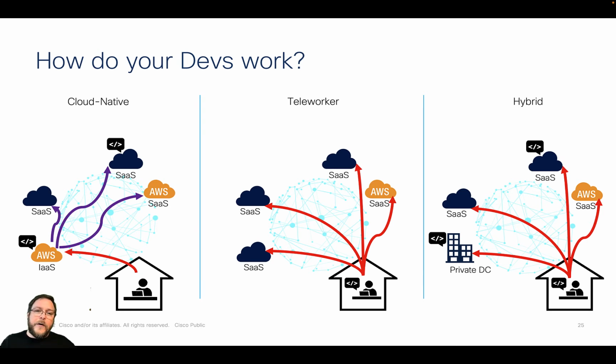As they write their code in that Amazon environment, it may access other dependent services in other AWS regions or SaaS services like GitHub and Docker Hub in other environments. Now, they may also operate separately as a teleworker type, and the code could be developed on their laptop in their own private office or regular branch environment, and then they just access resources across the internet and across AWS and GitHub and Docker Hub, as we mentioned before.